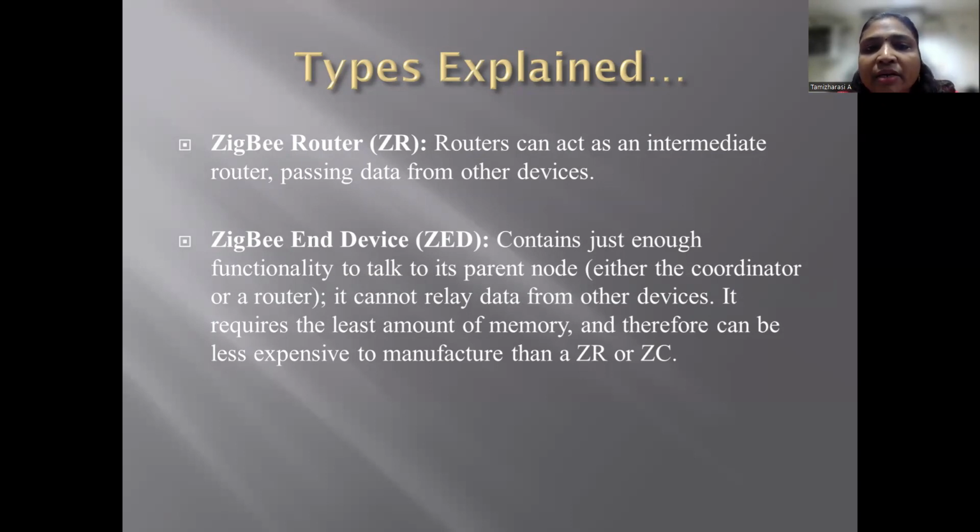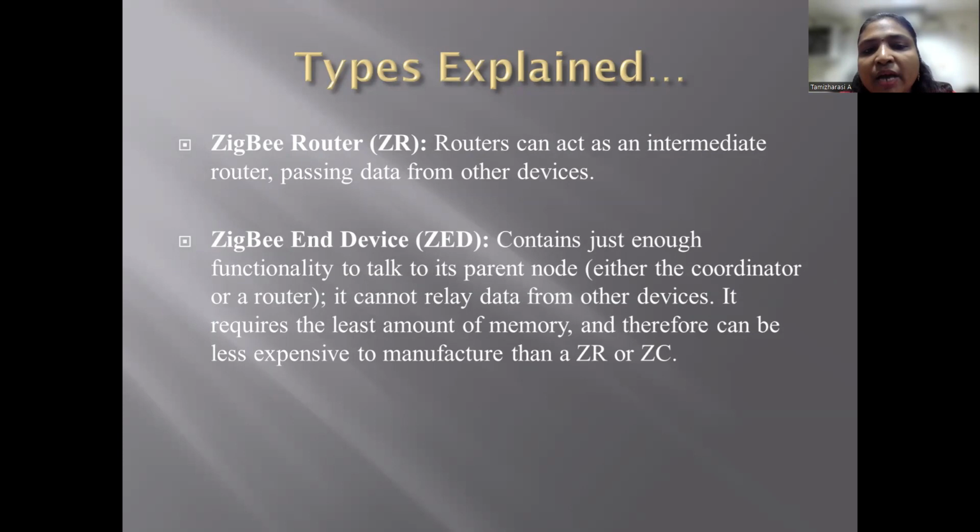Then Zigbee end devices will just have the information about the parent node, which can be either the Zigbee coordinator or a Zigbee router. So it will just have the information about the parent node to which it can send and receive messages, and it cannot relay the data from other devices.